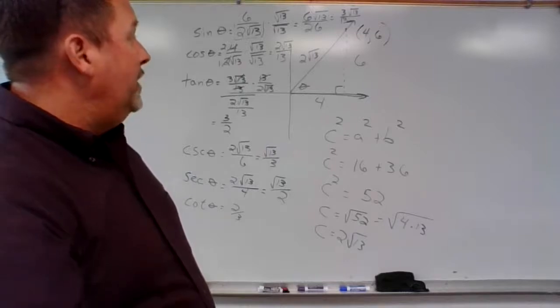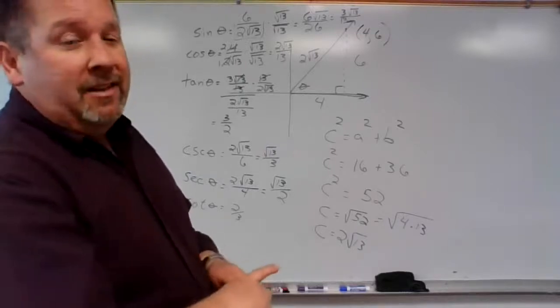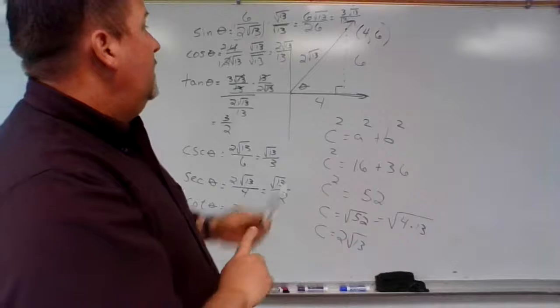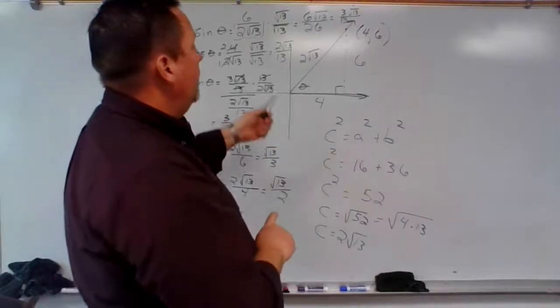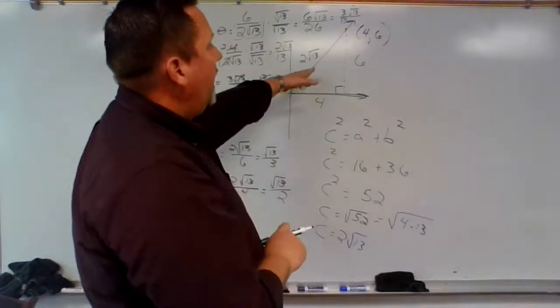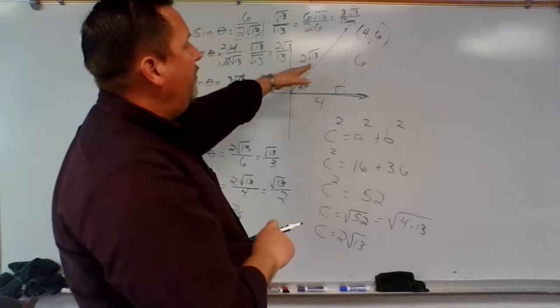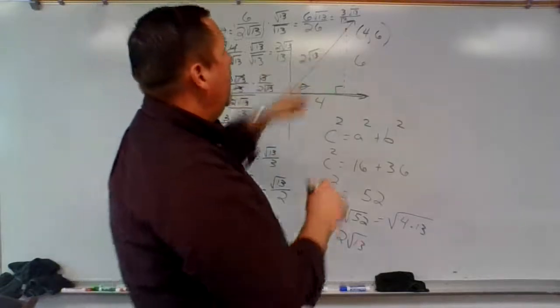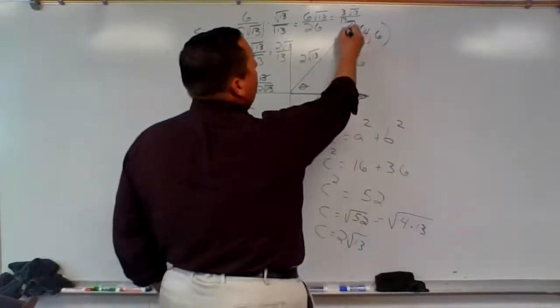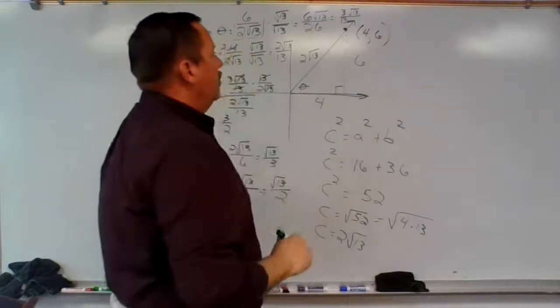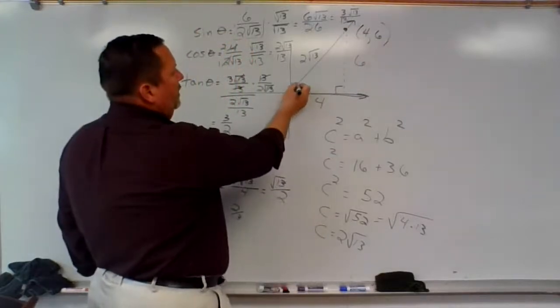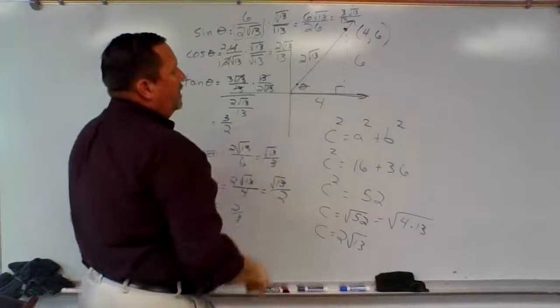Now, here's the important thing for when life gets a little more interesting. Please note that this angle terminates or ends in the first quadrant. Now, again, this point is not on the unit circle, but somewhere along here, there's a point that would be on the unit circle.